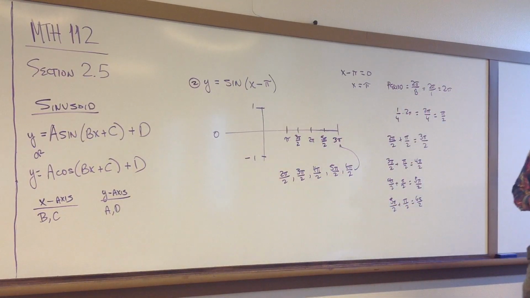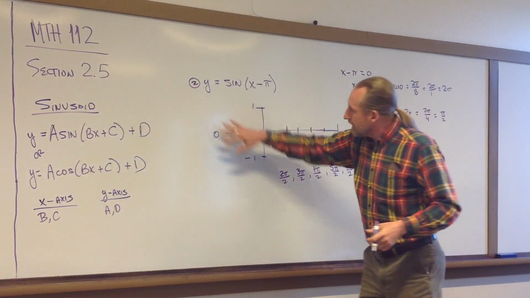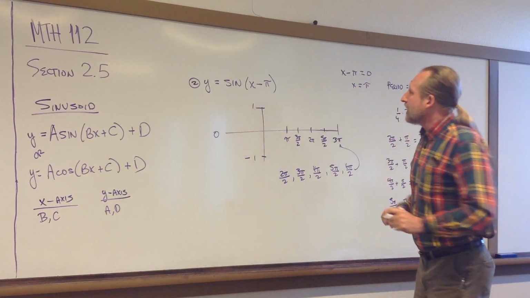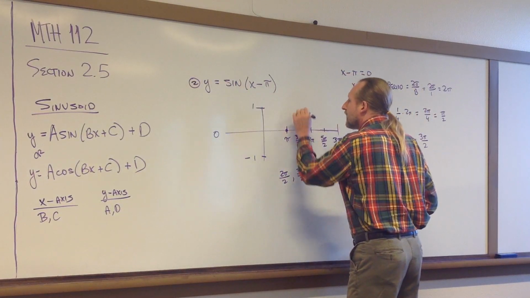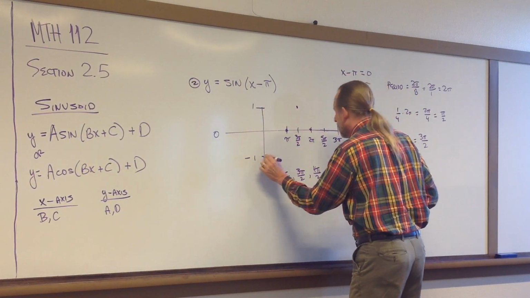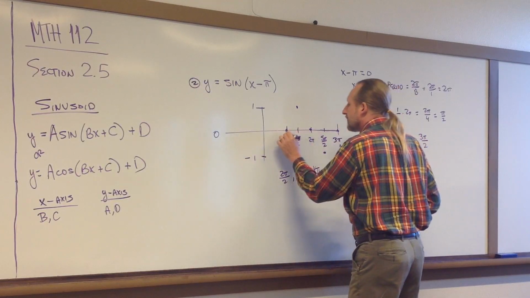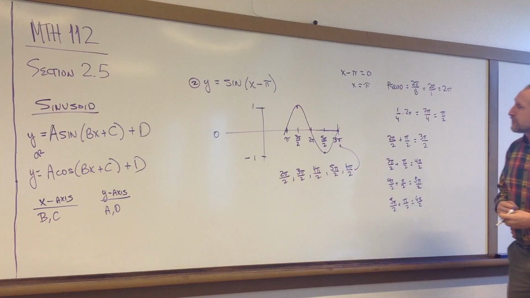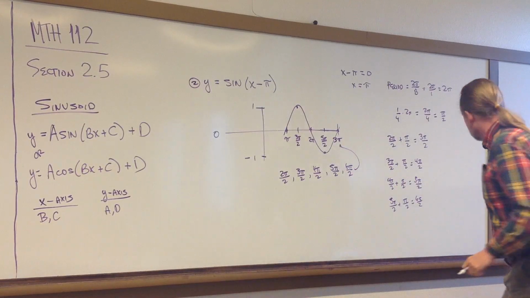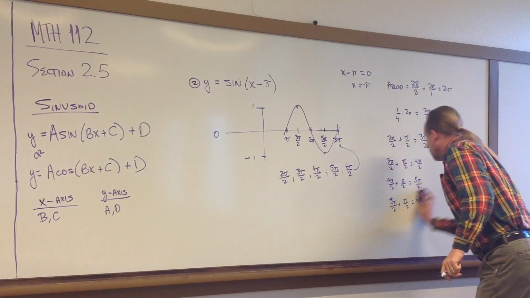So there it is. It's all set up. There's our x-axis. Here's our y-axis. It's a positive sine function, so it'll start at 0 and go up to the maximum first, back to 0, down to the minimum, and then back to 0 again. So that's problem 2.